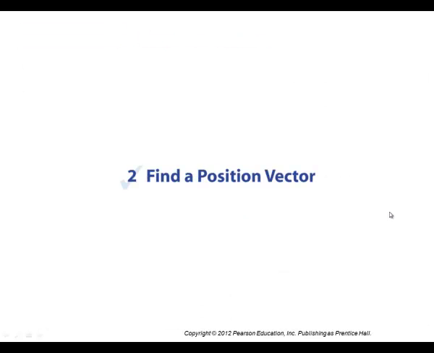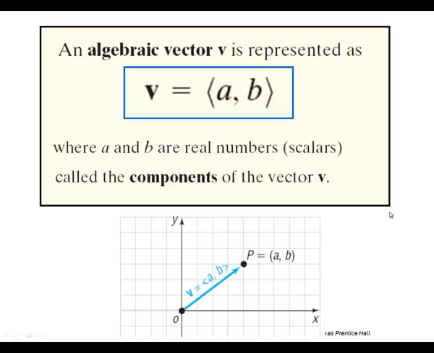Find a position vector. Okay, now here we want to find the horizontal and vertical components of your vector. In other words, the horizontal displacement and the vertical displacement, or the difference in spaces horizontally and the difference in spaces vertically. And notice these are angular brackets here, not curved. So this is the symbology for a component form of our vector.